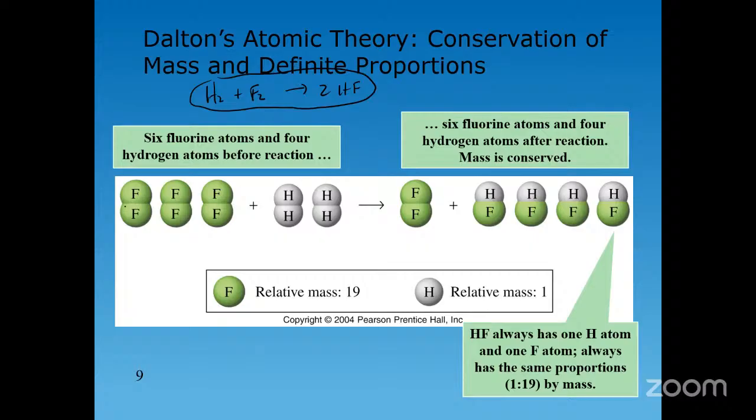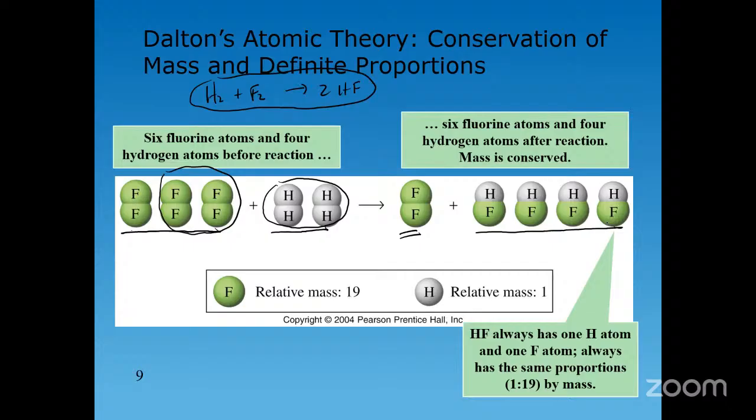Now let's look at the situation we have here. What do we have here? We have three molecules of fluorine and we have two molecules of hydrogen. Now, based on the 1-to-1 ratio between the hydrogen and fluorine molecules, as stated in this equation, you'd expect that these two molecules of hydrogen will react with these two molecules of fluorine, which means that you're going to have one molecule of fluorine left over, which is this right here, and you're going to end up with 4 molecules of hydrogen fluoride.